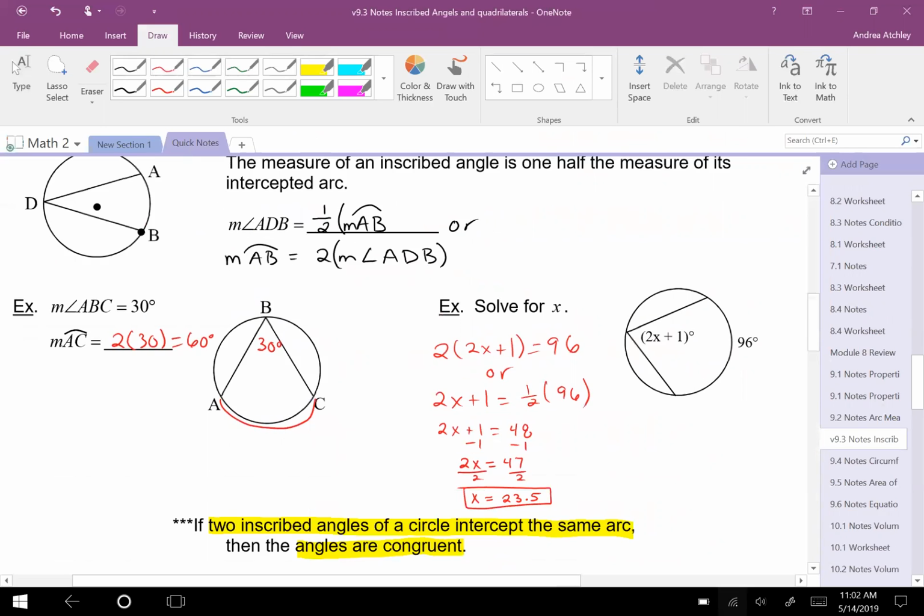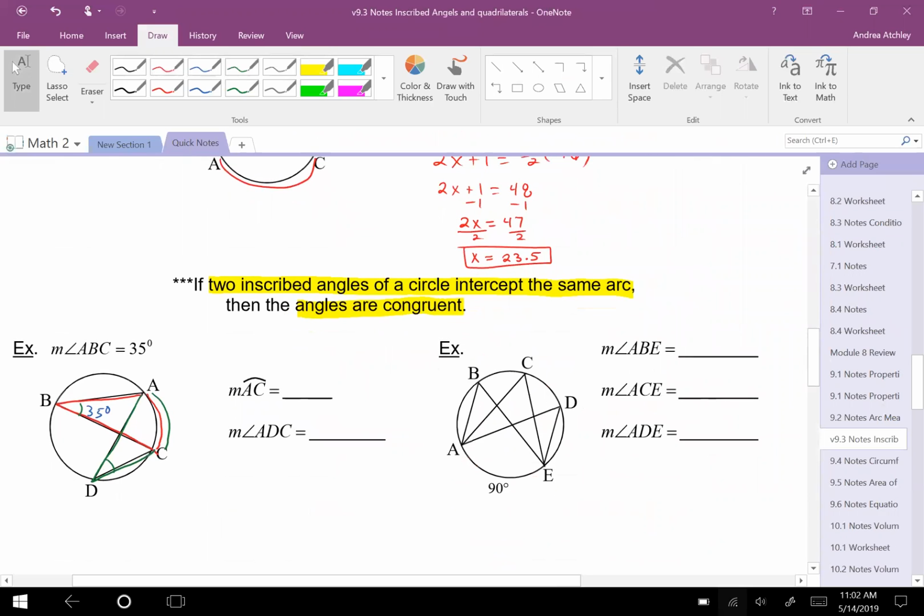How would I find the arc? Yes, so the arc is 2 times 35, which would be 70 degrees. So this became 70 degrees. Any questions over that?